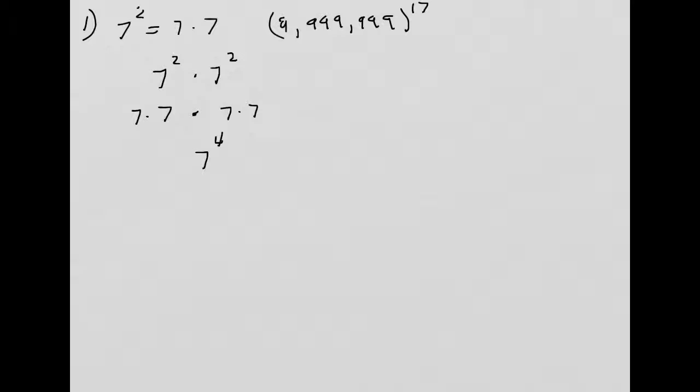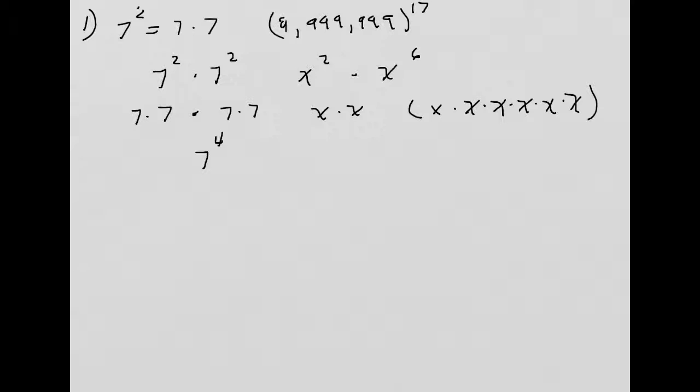Well, this actually applies to any like bases, like 7 or x squared. You could break that down into x times x, multiply that by, let's say, x to the 6th, and then if you wanted to write that out, x times x times x times x times x times x.